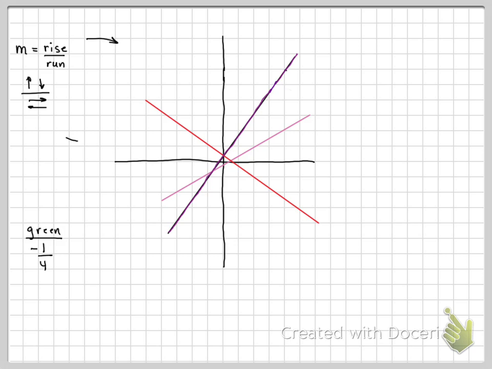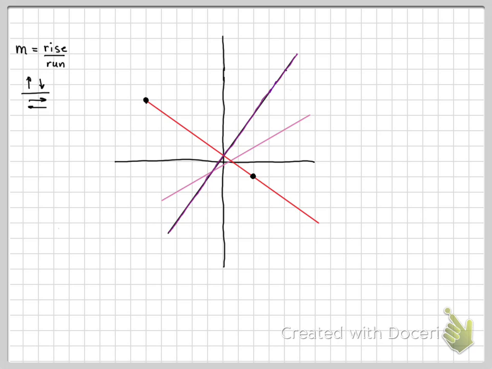Okay. Now let's look at the red line. We're going to do the same thing. We're going to pick out 2 points on the red line where it goes through the intersection of the grid marks, which I'm going to say is the starting one right there. Let's just pick that one right there, and this one down here. So we are working from that point on the left down to the point on the right.